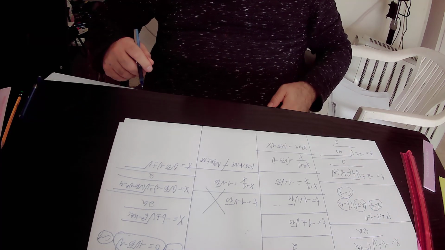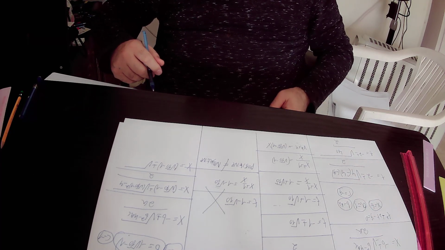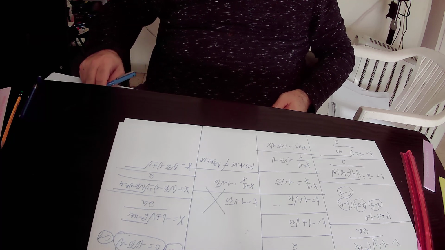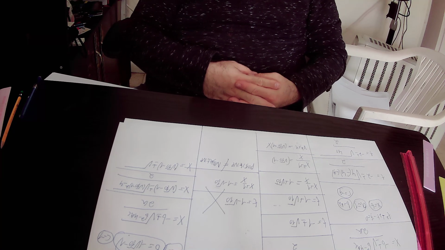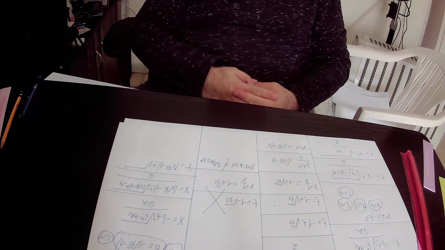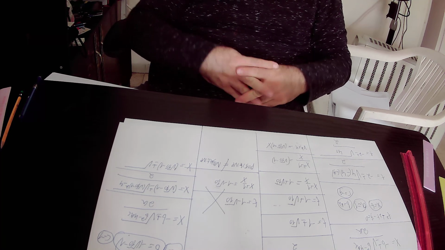We will calculate the value of this expression according to the algebraic identity that states that a minus b squared equals a squared plus b squared minus 2 times ab.